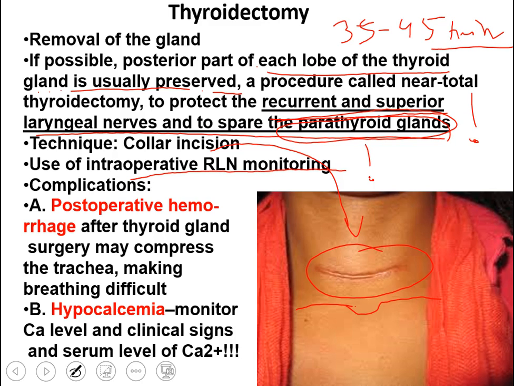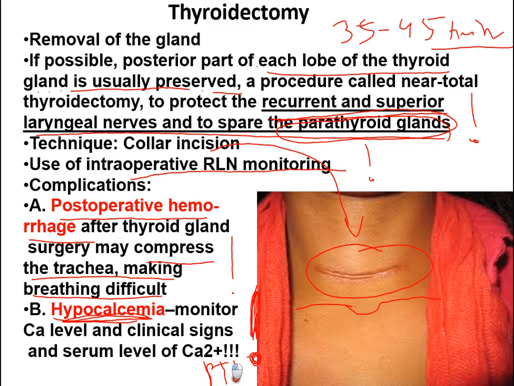Among the complications of thyroidectomy you should be aware of are post-operative hemorrhage, which is understandable, and a hematoma may compress the trachea, making breathing difficult. The second important complication, commonly tested on USMLE and happening in real life, is hypocalcemia, due to removal of parathyroid glands.